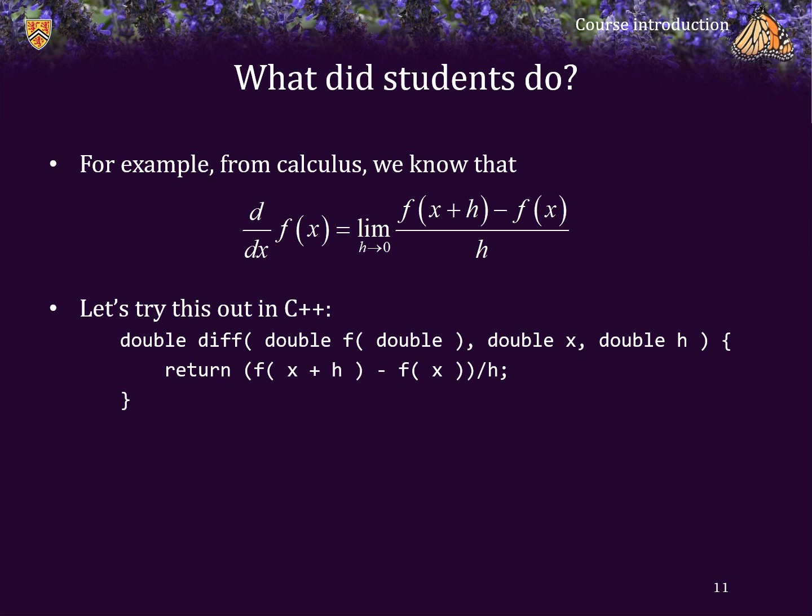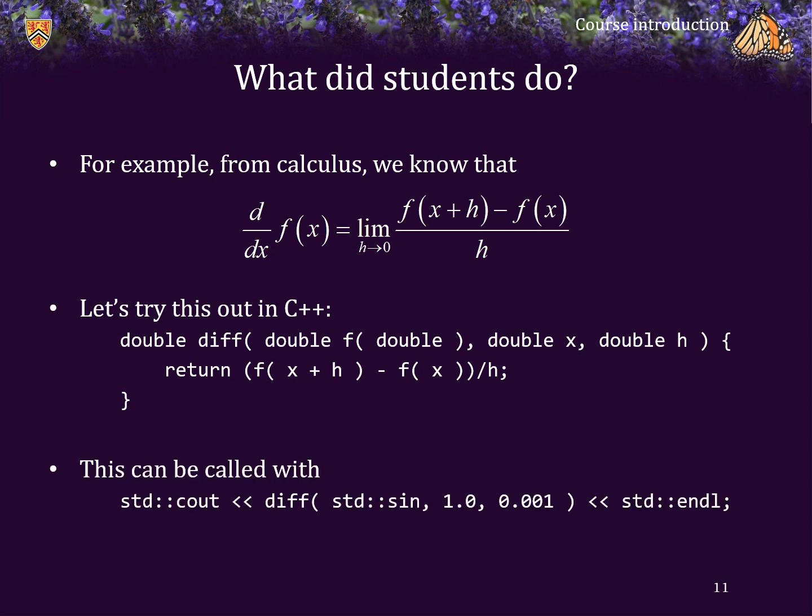The parameters x and h are also of type double, and this simply returns the above ratio. We can then call this with, for example, a function pointer to sine as the first argument, with x equaling 1 and h equaling 0.001.